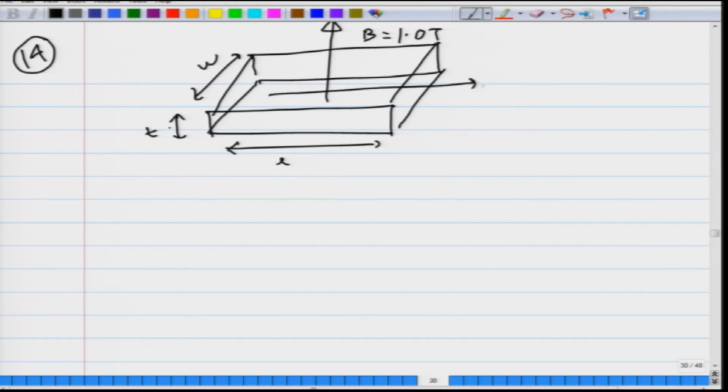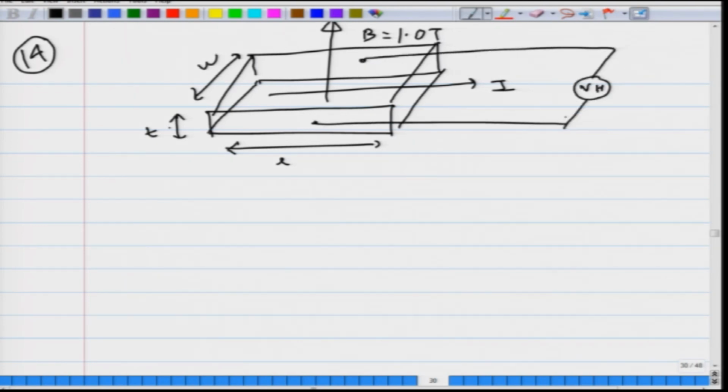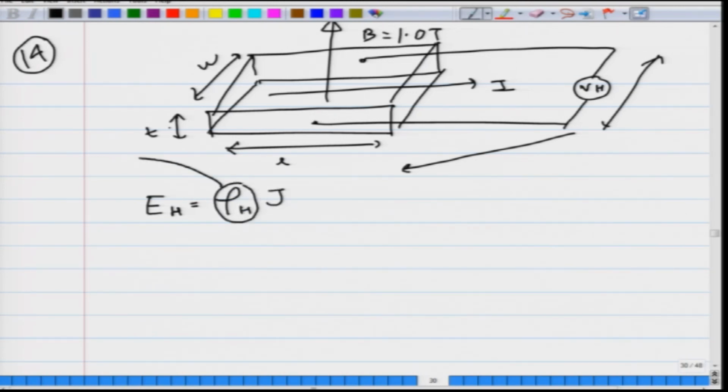There is current moving through and we want to calculate what the Hall voltage will be along this direction. From the lecture, E_H will be rho_H into J. This is the Hall resistivity, and J is the current density.